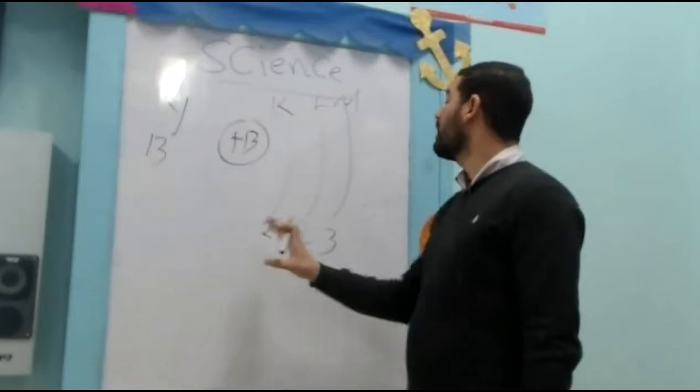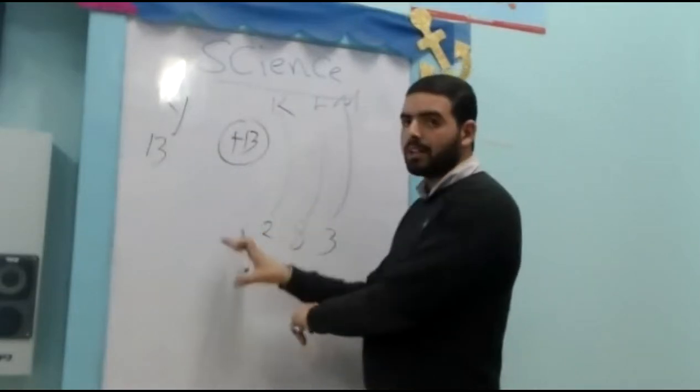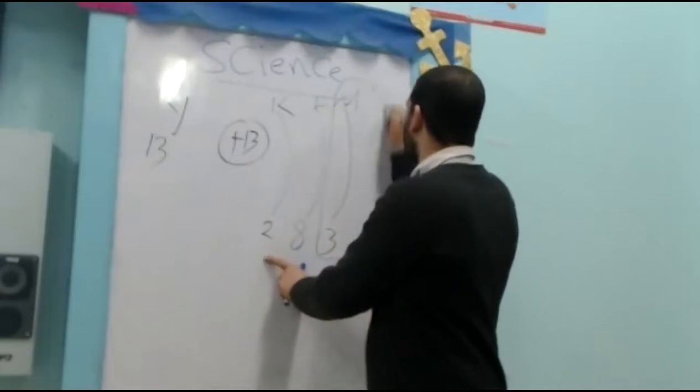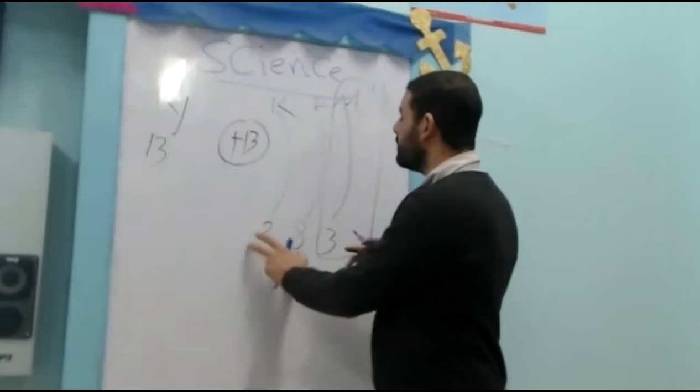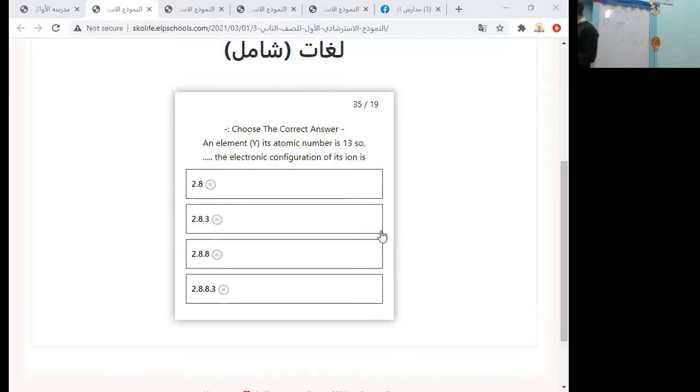So it tends to lose the outermost energy level electrons to form a positive ion. So its ion electronic configuration after losing the outermost energy level electrons will be 2,8. The answer is number 1.